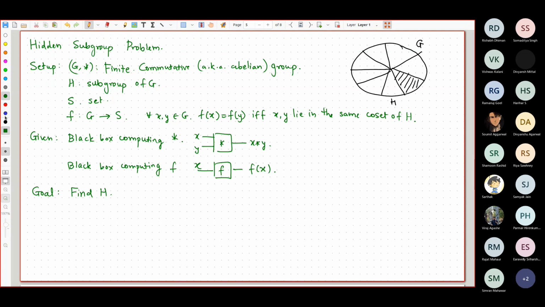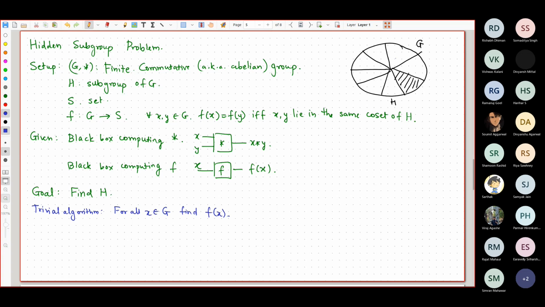So the trivial algorithm for doing this: for all x in capital G, find f(x).